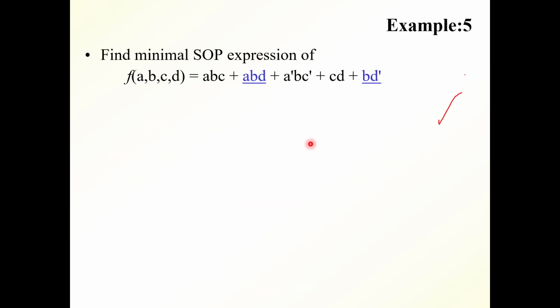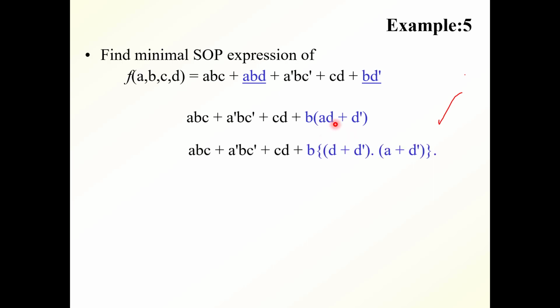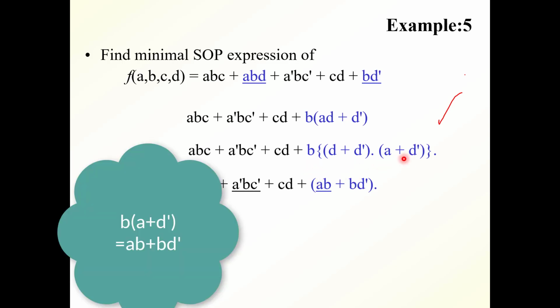Example 5. Let's find out the minimal sum of product for this function. First, if we take these two terms, this one and this one, we take the B out, we are left with this. Now using the distribution law, we distribute and then we get this one. Of course, this term here is equal to 1. So we are left with AB ORed with B D bar.